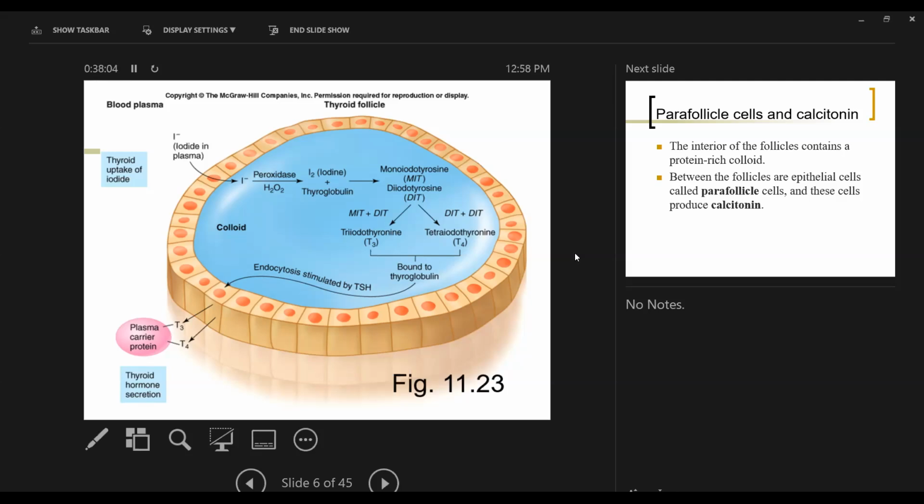Can I erase this? So let's make the follicle cell kind of bluish. Looks like a crooked cell.